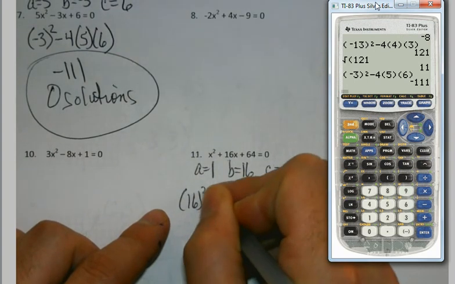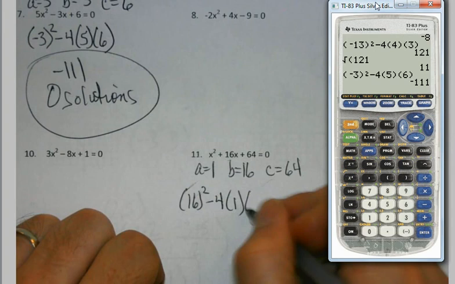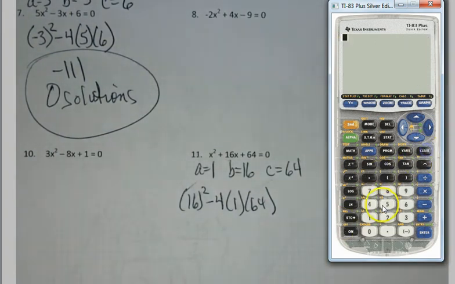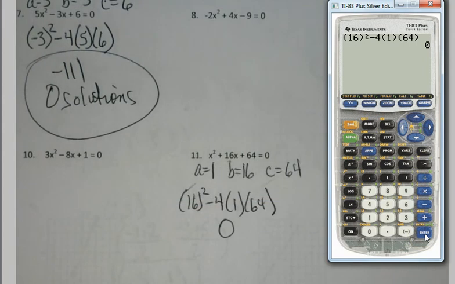B squared minus 4AC. And let's see what happens. Oops, not 19 though. I have to be careful when I'm punching this in. Minus 4 times 1 times 64. 0. How many solutions are there if I get 0? 1.